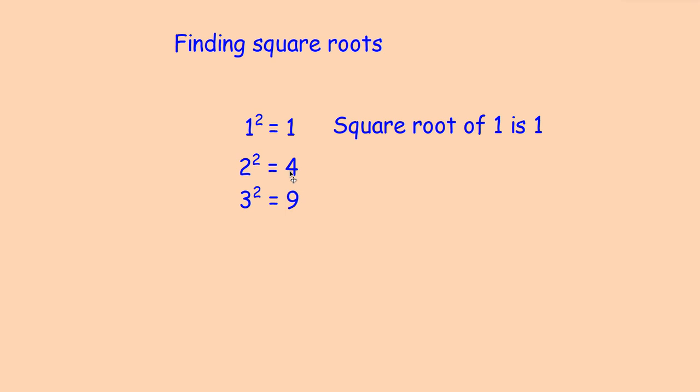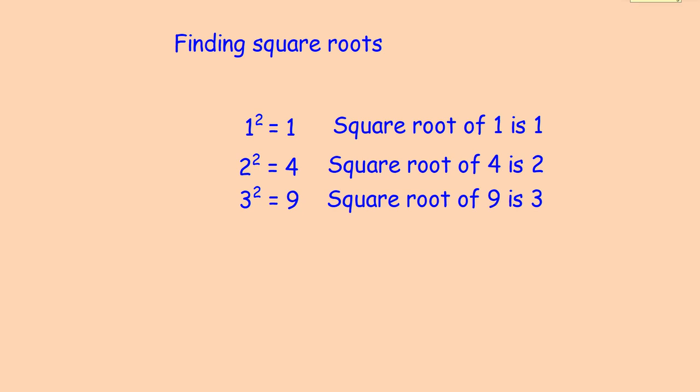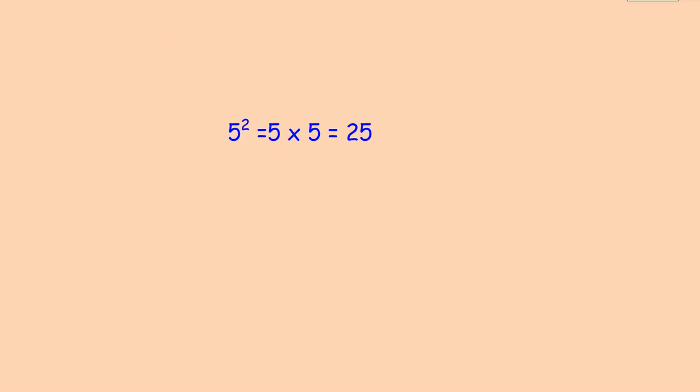Similarly, 2 square is equal to 4. Then we can say that square root of 4 is 2. Then what about 3 square is equal to 9? We can say that square root of 9 is 3. That is, we are taking the inverse operation of square to find the square root.